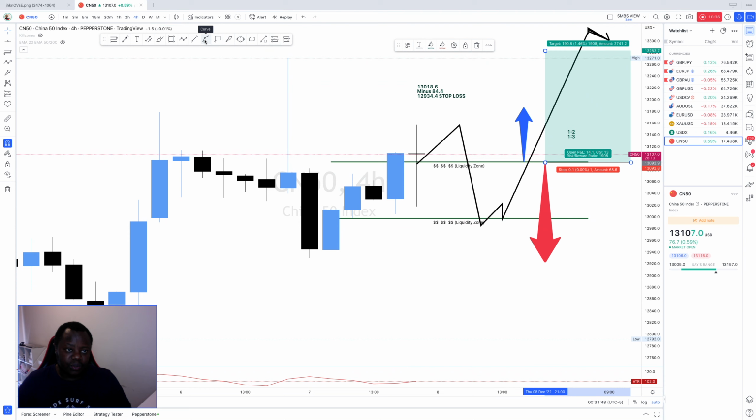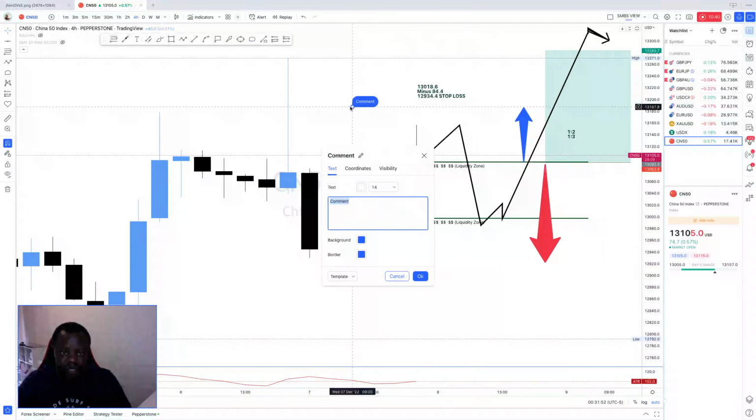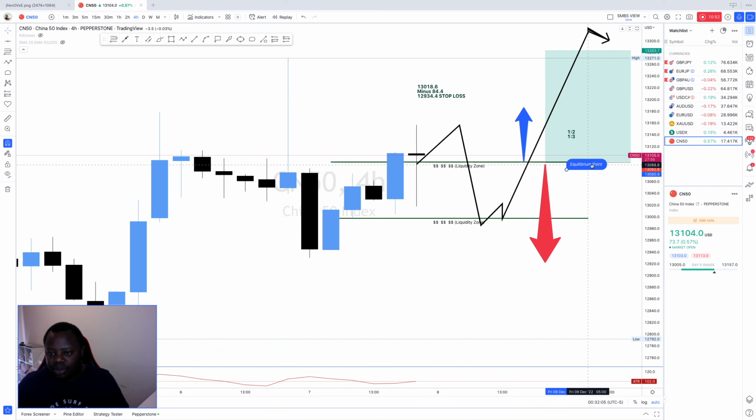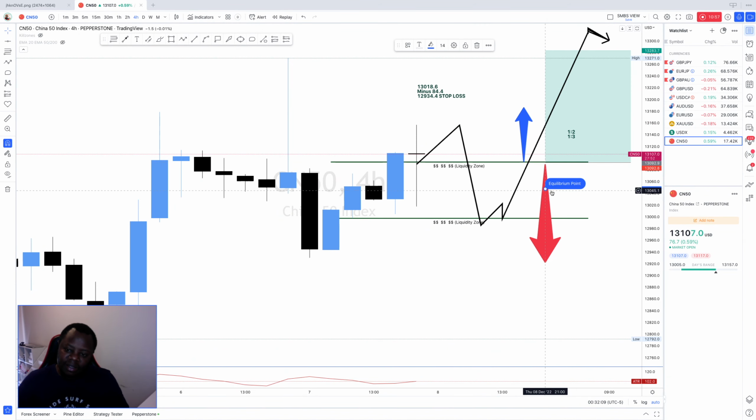Don't forget that the entry point can as well be referred to as equilibrium. It basically means that should price reverse and go back downwards, I will not lose any money, because that equilibrium point is your entry point.